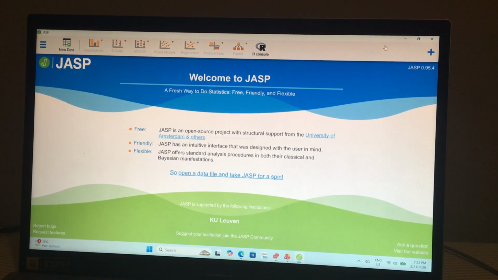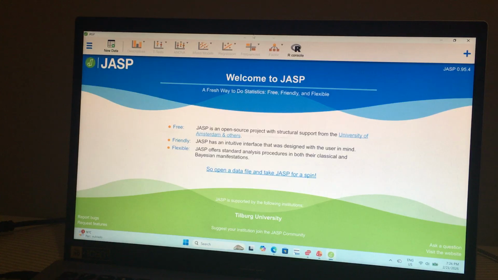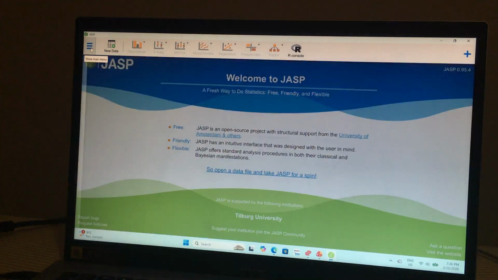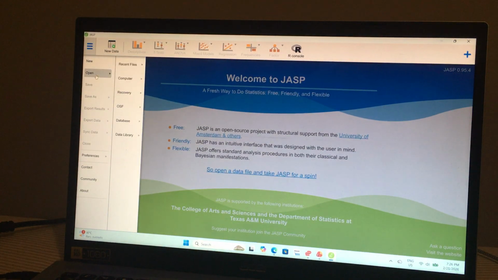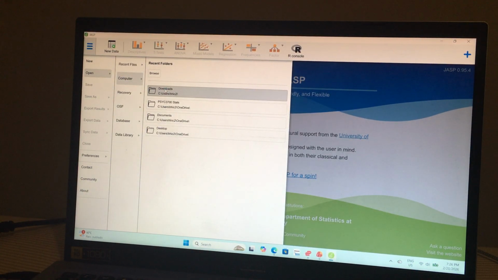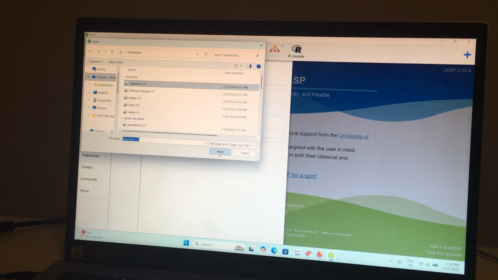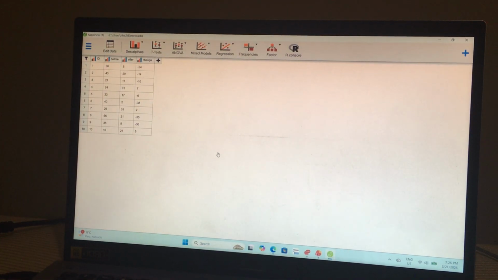And then we're going to open up the happiness data set. So we're going to go into our downloads, and we're going to choose the happiness data set, open.